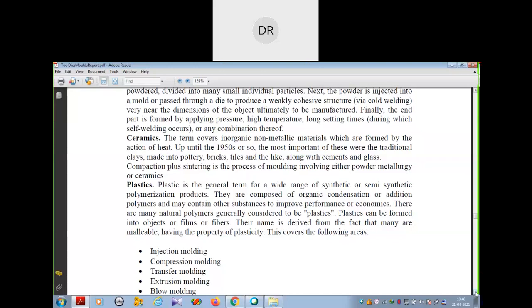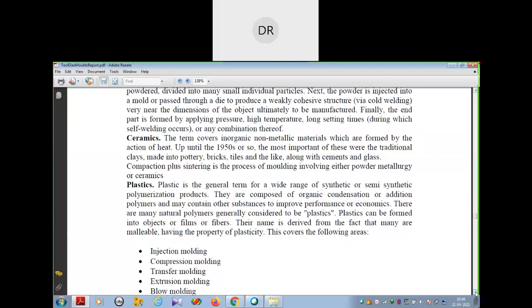There are many natural polymers generally considered to be plastics. Plastics can be formed into many objects, films or fibers. Their name comes from the fact that they are malleable, having the property of plasticity.